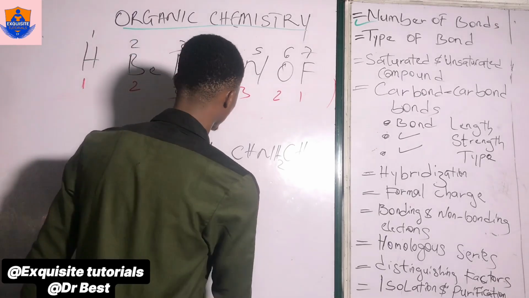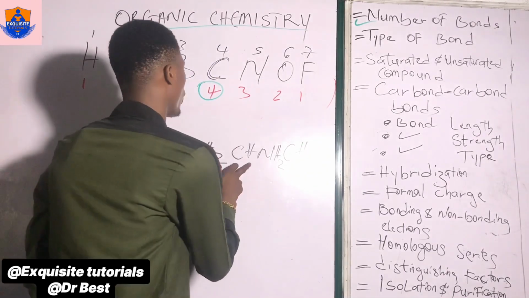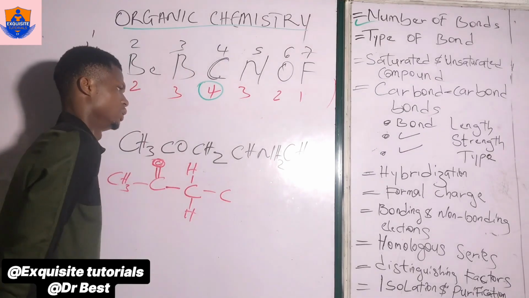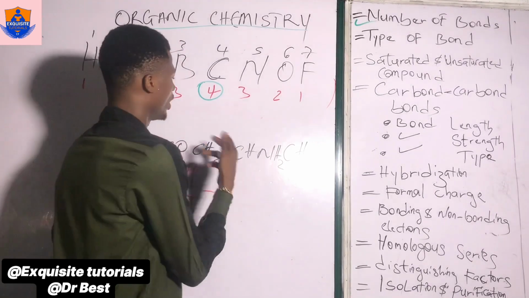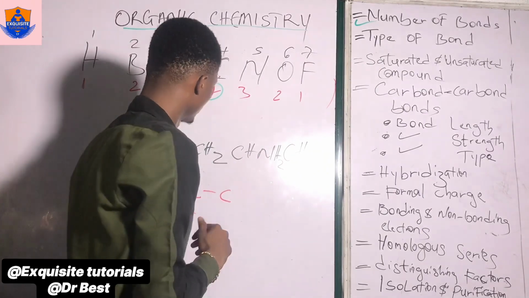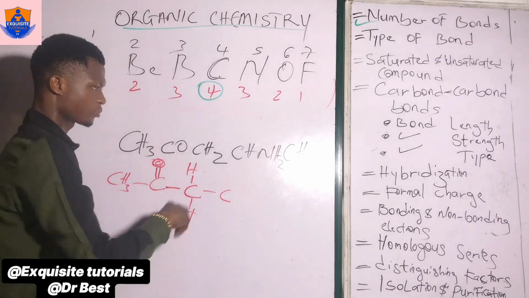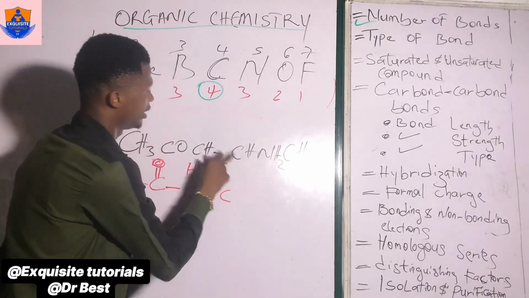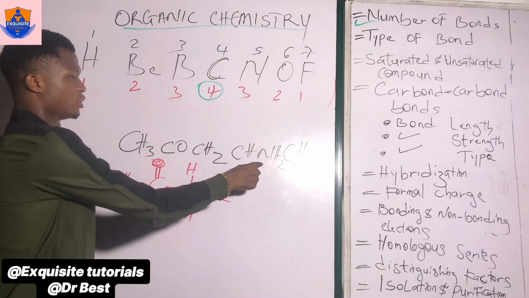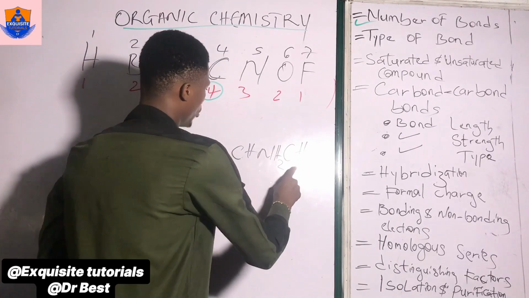Now here there is another carbon that is having just 1 hydrogen, and we know fully well that nitrogen accepts 3 bonds, and there is another carbon here, which is to say that this carbon is directly bonded to this nitrogen, and at the same time directly bonded to this carbon.